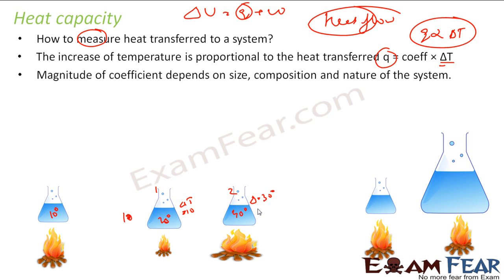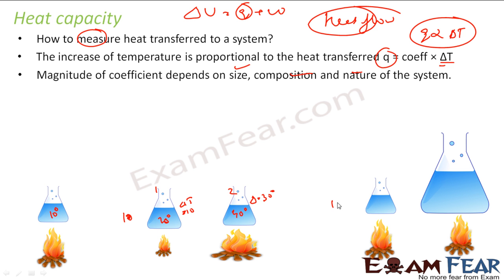It is also observed that the coefficient depends on the size, composition and nature of the system. Suppose you have a smaller flask and a bigger flask, and you give the same heat. One will have less increase in temperature, and the other will have more increase.